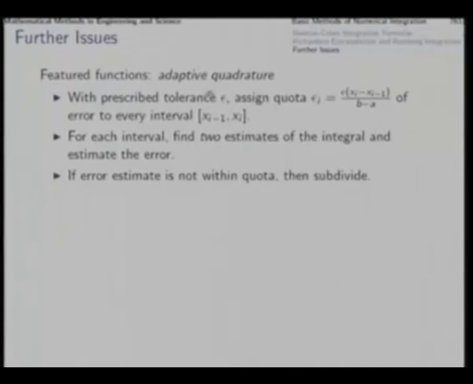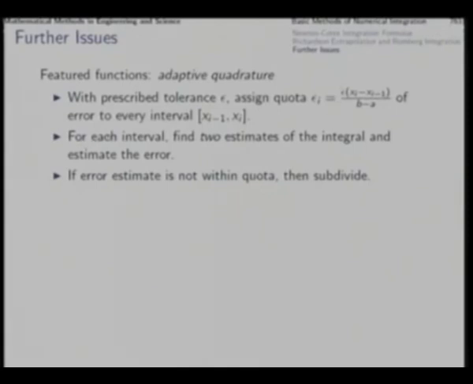So what you can do is that in the beginning you have a tolerance value epsilon, which is your statement about accuracy. Then for every subinterval of size x_i minus x_{i-1}, you can assign a quota of error, epsilon divided by b minus a, times this subinterval size. So every subinterval will have this much quota for error, right.